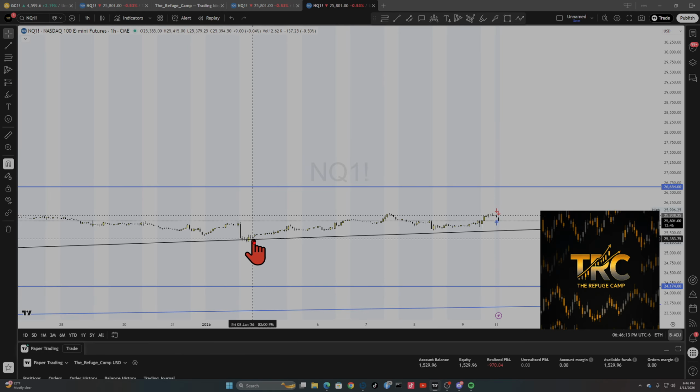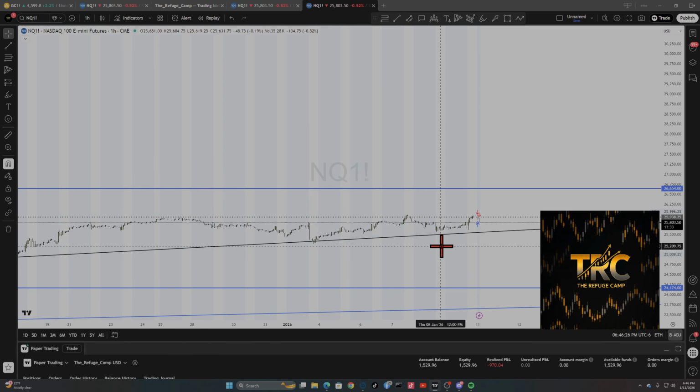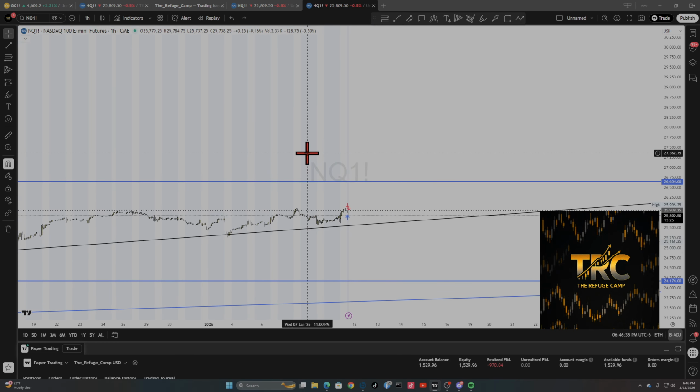We cannot close under it, and if we do, we recover it very fast. So that tells me this is a very significant level to pay attention to. And now when we have a trend line, price goes up the longer it goes off to your right. And if we were in a downtrend, price would go down the longer it goes off to your right.